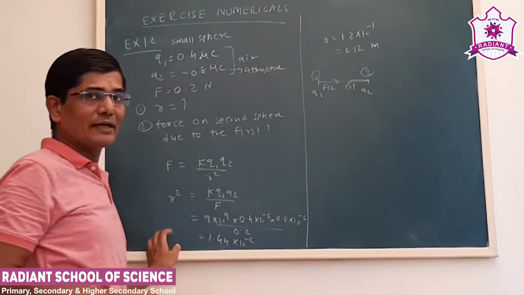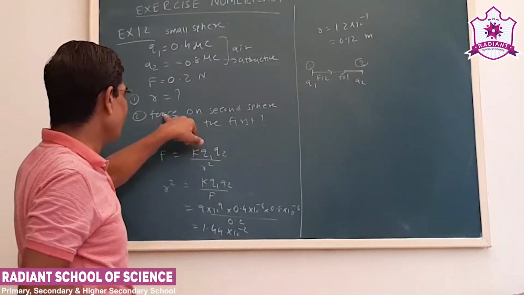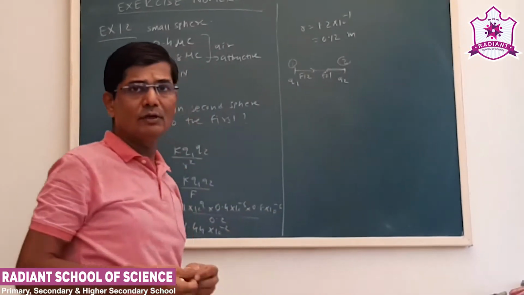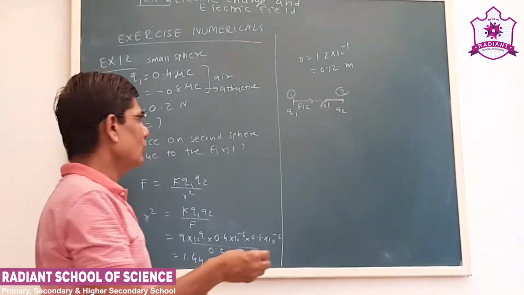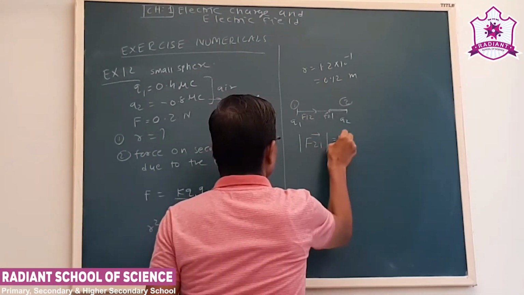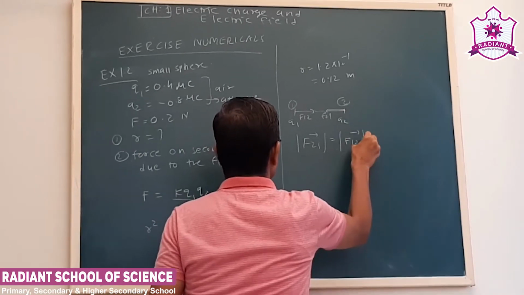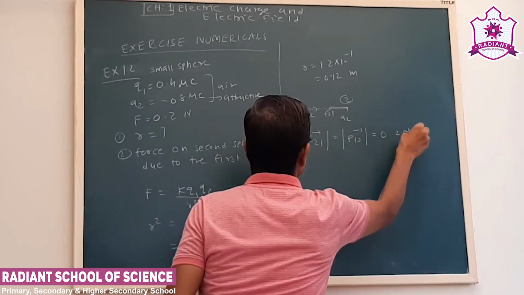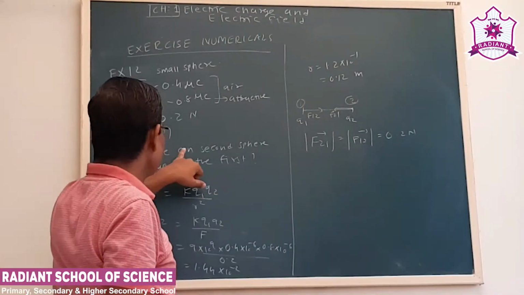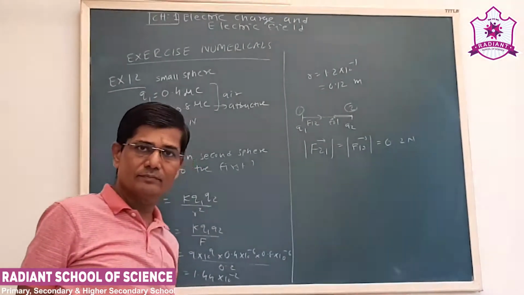Now see the force is attractive. Now here we have to find the force on the second charge due to the first, that is F21. But we know, by Newton's third law, the magnitude of the force will be equal. So, okay, this is how we can obtain the force on the second charge due to the first charge.